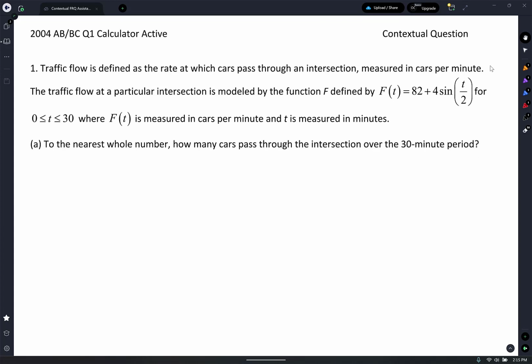All right, question 1. This is from the 2004 AB and BC exam. It's calculator active, so if you have your calculator, please take it out. If not, just grab one, there's some over there. You're going to be a little slower than normal.